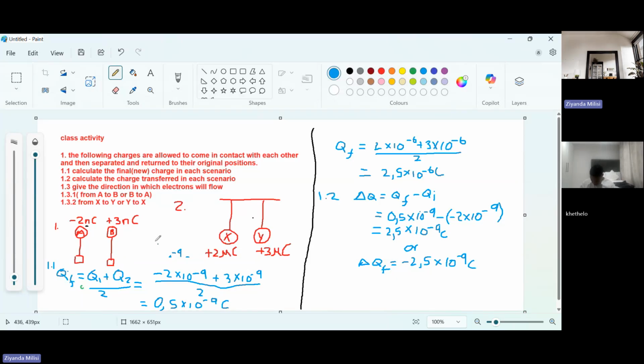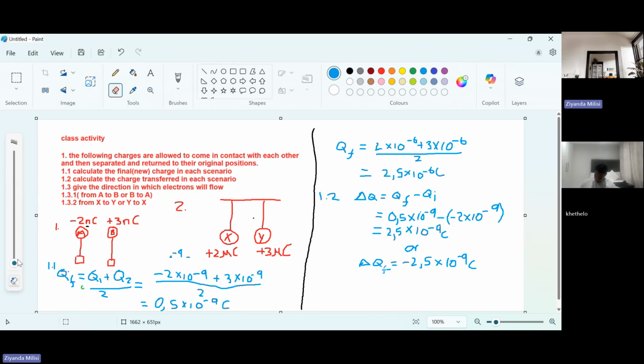Then, same thing you do now, calculate change in Q. I don't know why I put that final there. It's supposed to be change in Q, not change in Q final. It's not there, so we must remove this.